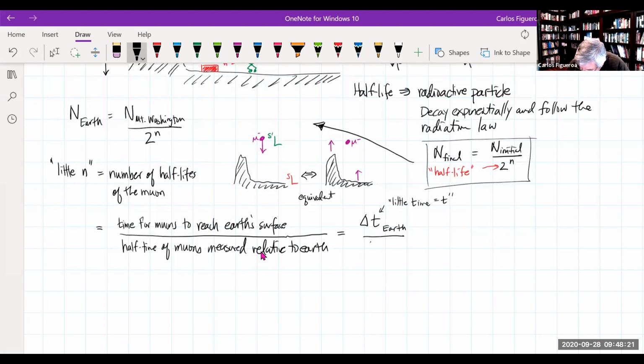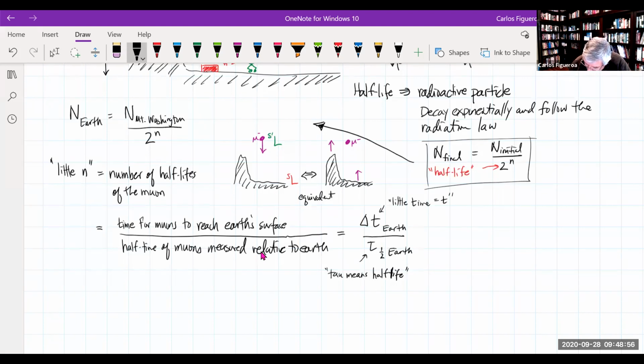Now, if you look at the time dilation, we're going to have time dilated half-lives. So what I'm going to do here is write this as a half-life. So this tau here, and by the way, that's universal language for half-life, is a tau. But this time, we're going to measure it relative to what? Earth, not in the muon's frame.